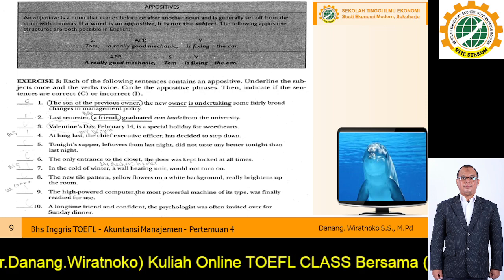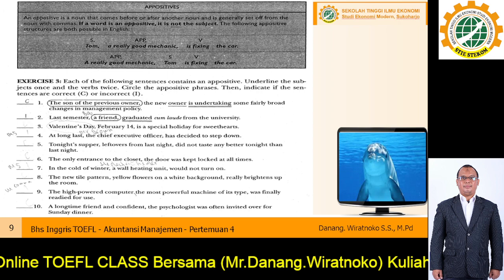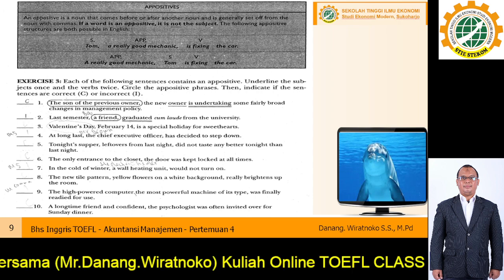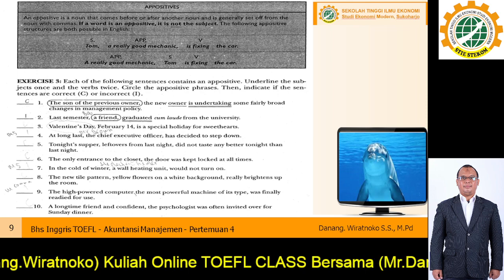The following appositive structures are both possible in English. Nah, jadi teman-teman kalau beli buku TOEFL ya, perhatikan kotak yang ada di buku TOEFL masing-masing. Nah, kotak ini memberikan kita summary yang perlu kita ingat. Ya, ini adalah ringkasan yang perlu kita ingat.